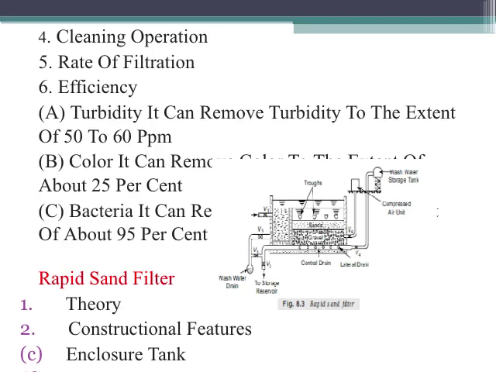Now here we shall understand the cleaning operation of a slow sand filter. As the process of filtration goes on, the filtering media gets clogged due to the impurities adhered to the sand particles, and the loss of head will go on increasing gradually. When the loss of head reaches a certain limit, the working of the filter will be stopped, and at that time the filter requires cleaning.